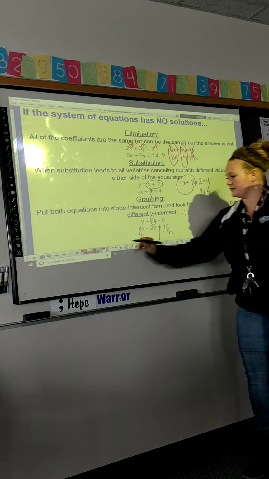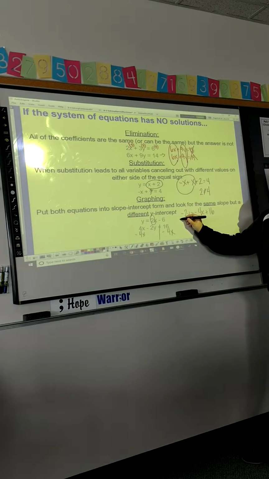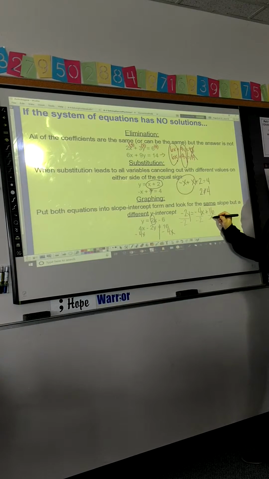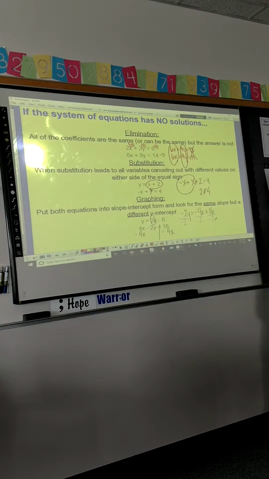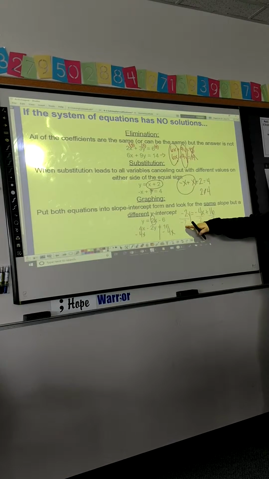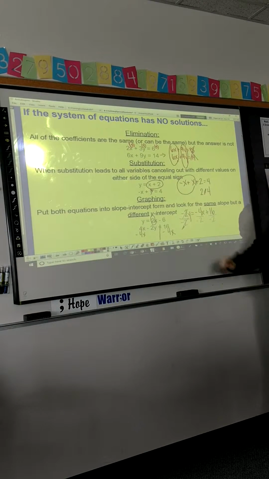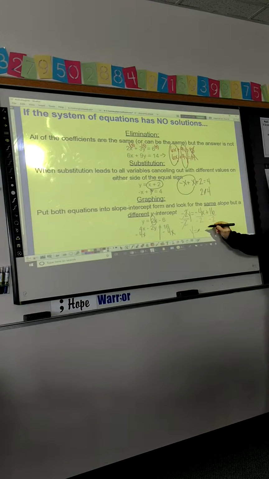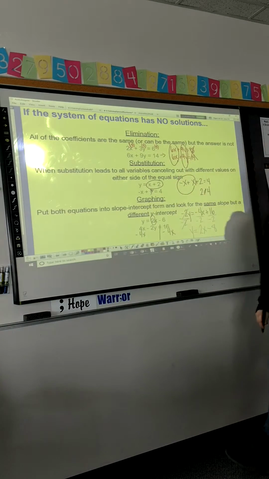Now divided by negative 2. Can we do that? Yes, we can. That's why I didn't want to do that right away. I didn't want to be left with that negative y. That confuses kids. Negative 2 divided by negative 2? y. And negative 4 divided by negative 2? Positive 2x. And 16 divided by negative 2? Negative 8.